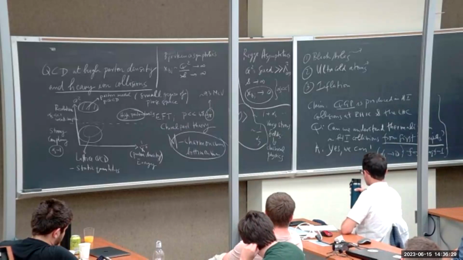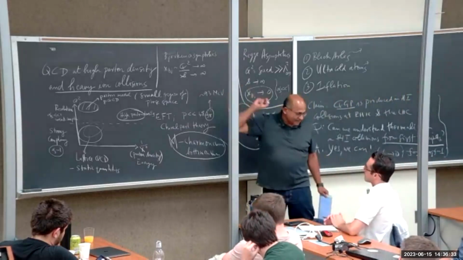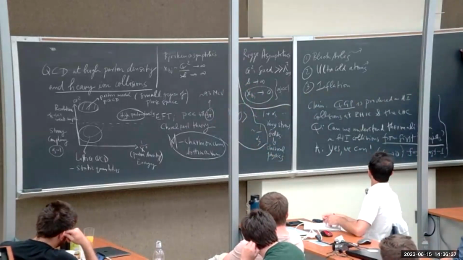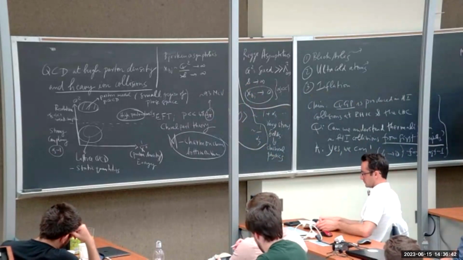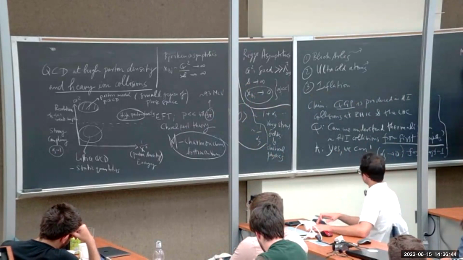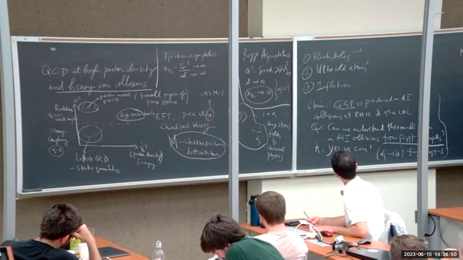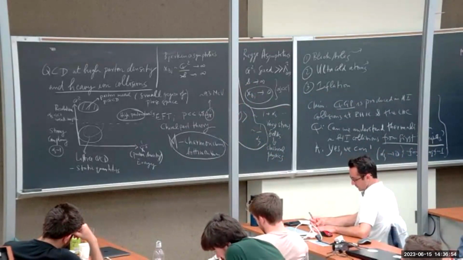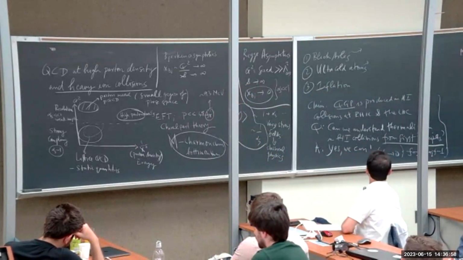Okay, so let's just start thinking about heavy ion collisions. At RHIC, for example, at the highest energies, you collide gold on gold ions at 200 GeV per nucleon pair. So very high energies.